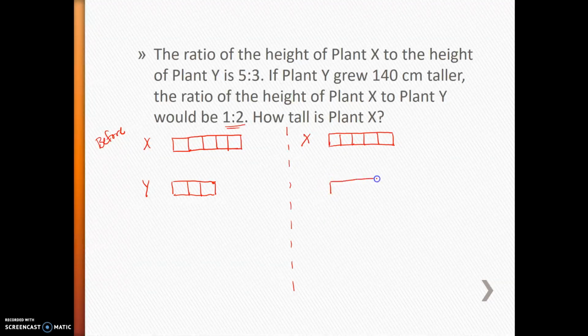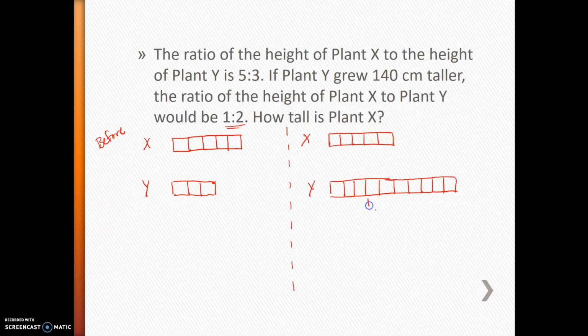So since plant X is the 1 and it has 5 units, I'm going to need to double that to get the units that plant Y will have in the after. So it's going to end up with 10 units. All right, so plant X will have 5, plant Y will have 10.